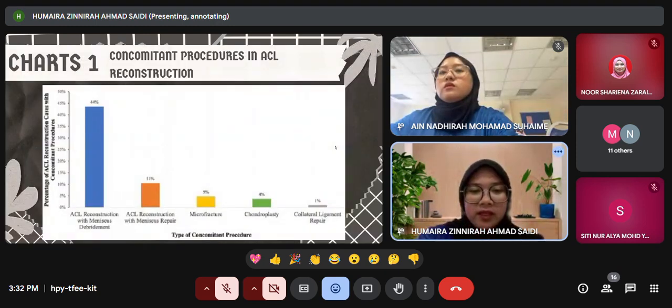Now let's look at the first chart. The data is taken from a study by Nicholas Sevelos and colleagues published on ResearchGate in 2021. This chart shows the percentage of ACL reconstruction cases that involve various concomitant procedures.